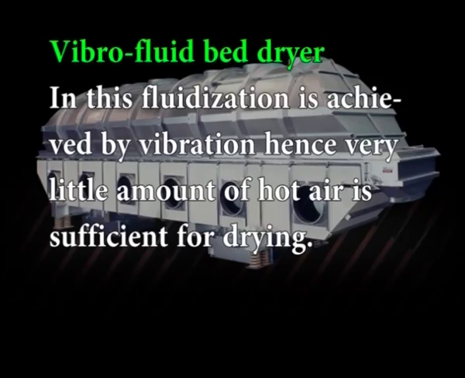Vibrofluidized bed dryer is a recent modification. In this, fluidization is achieved by vibration itself, hence very little amount of hot air is sufficient for carrying out the drying. In a single unit operation, heating, resting and cooling are carried out in 3 decks which are arranged one above the other.